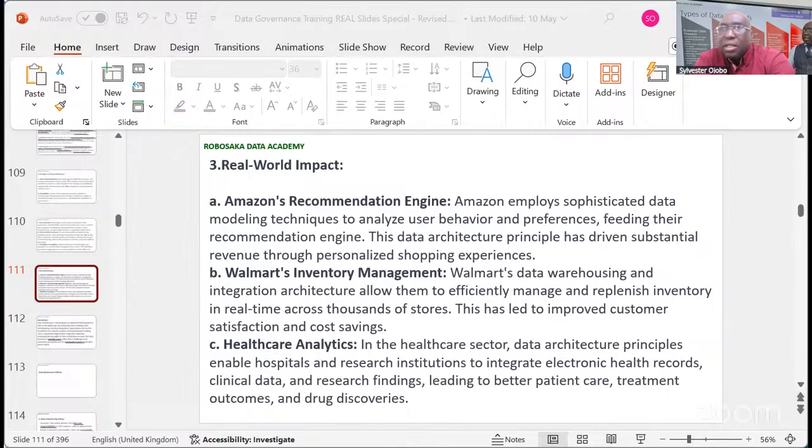The CRM, that is customer relationship management, so that they can cope with the ever-evolving digital world. So any platform that is moving very fast, not too rigid, is very flexible.